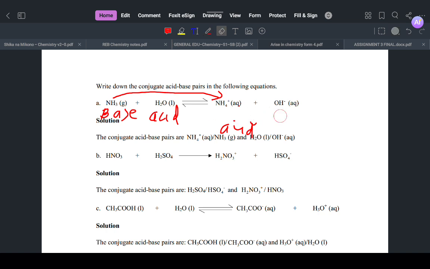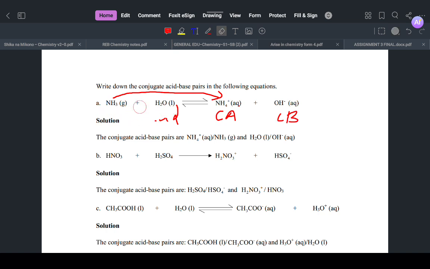Just to use the short forms. So this one is our conjugate acid. In this case, the OH, after losing a hydrogen, becomes a conjugate base.